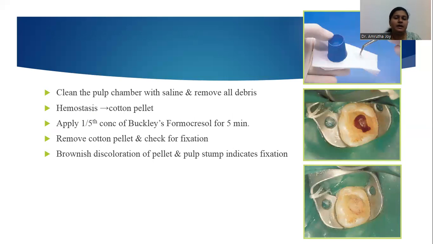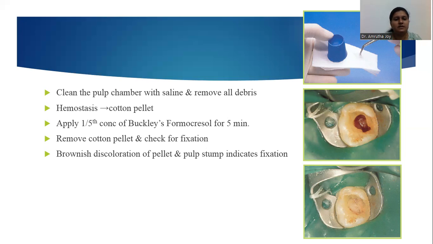The pulp tissue should be completely removed up to the orifice of the pulp canal. After that, irrigate the pulp chamber with saline and remove all the debris.